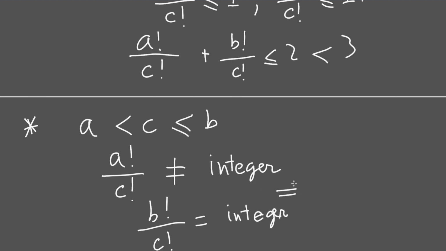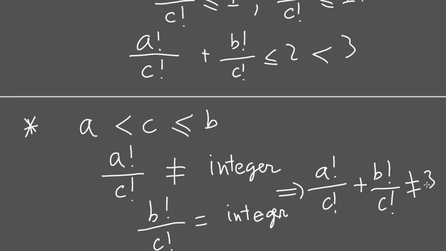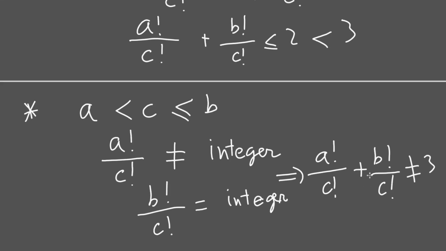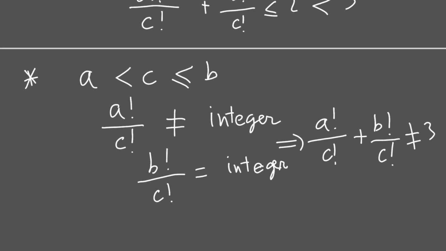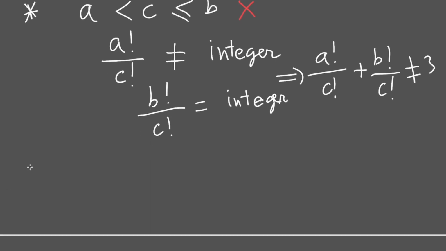By this conclusion, obviously the sum of the two fractions would be a rational number that is not an integer, so it will be different from 3. So we also reject this case as well. Move to the next case.